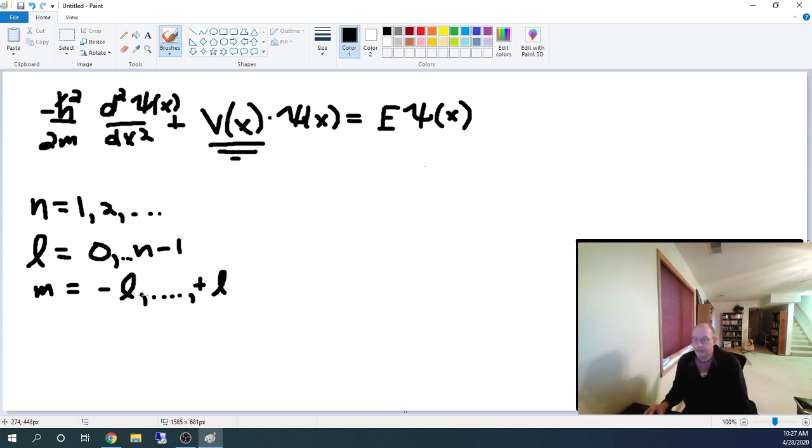When L is equal to 0, m still needs to be 0. But when L is equal to 1, then m, the magnetic quantum number, could be negative 1, 0, or positive 1. So that gives rise to the splitting of the angular momentum. The angular momentum could have different orientations.